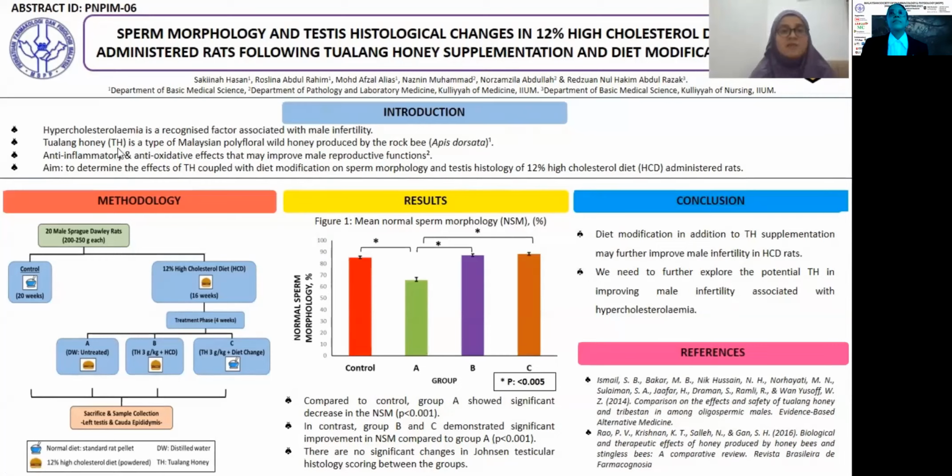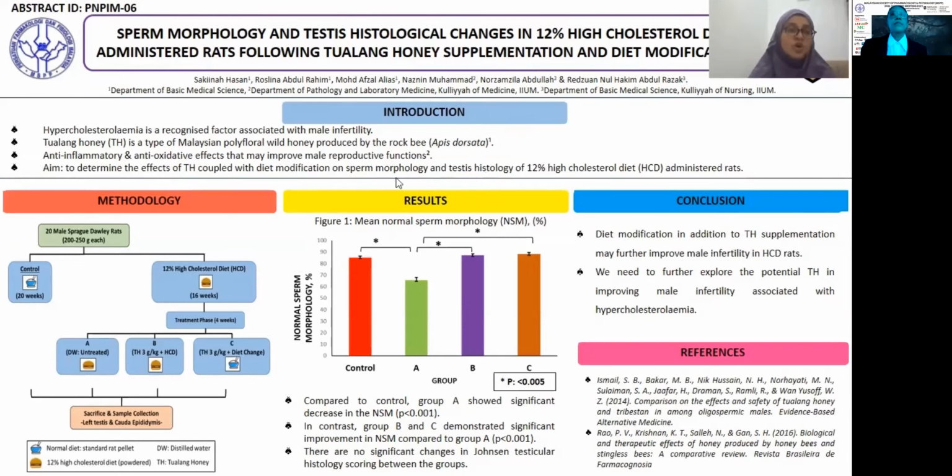Tualang honey is a type of Malaysian polyfloral wild honey produced by the rock bee. It possesses anti-inflammatory and antioxidative effects, which may improve male reproductive functions. Hence, the study aimed to determine the effects of tualang honey coupled with diet modification on sperm morphology and testis histology of 12% high cholesterol diet administered rats.